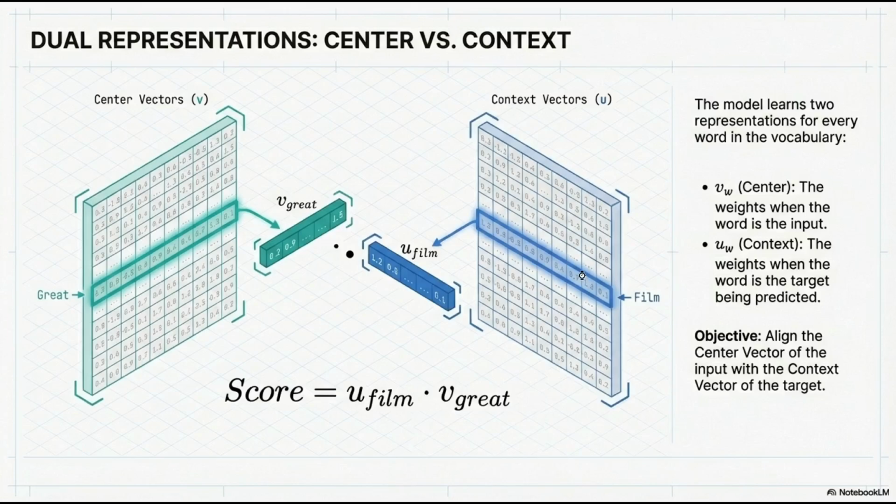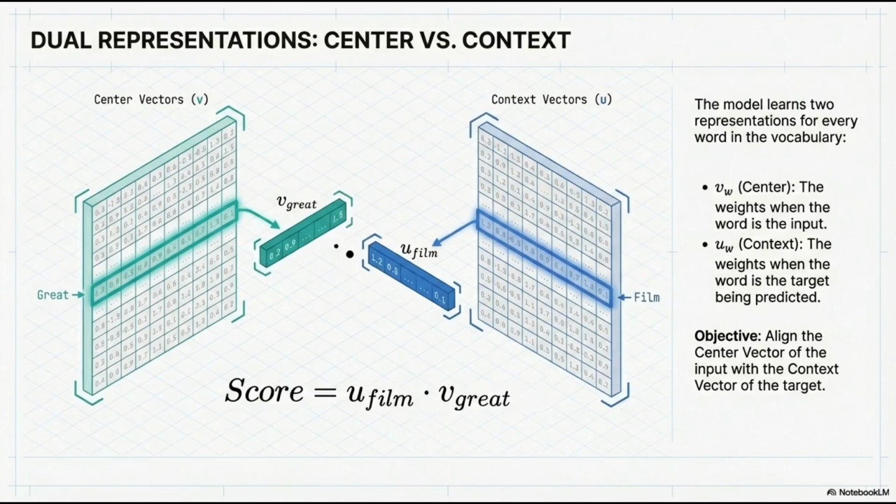Okay, so now things get interesting. In the math of Word2Vec, every word actually has two different vector representations. The first is the center vector, which we call V. We use this when the word is the input, like great.